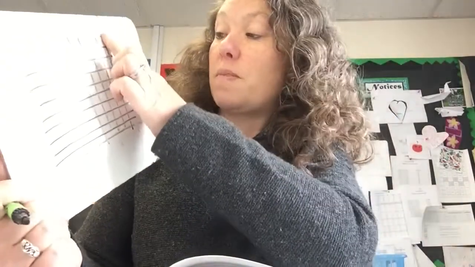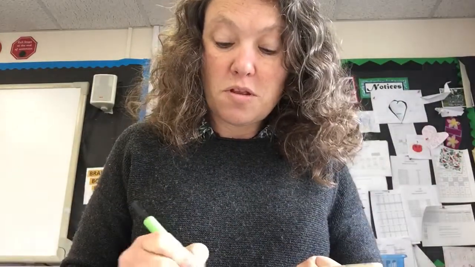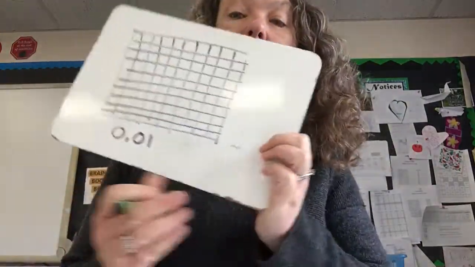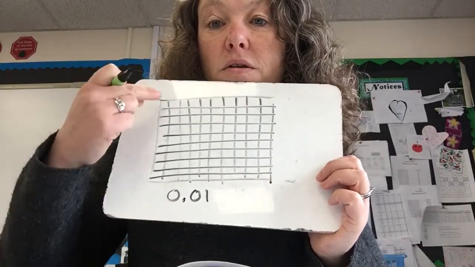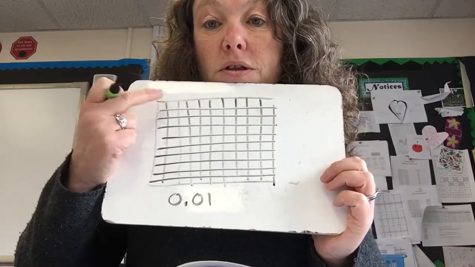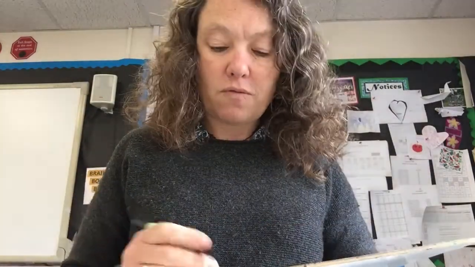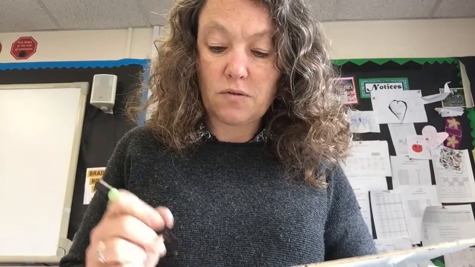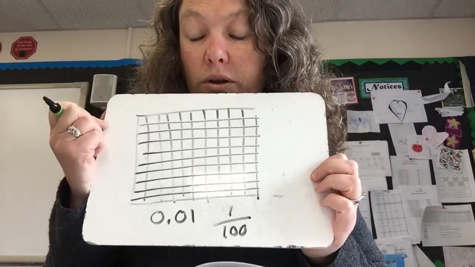So that's been divided into 100 pieces. So every one of those, instead of being 0.1, is going to be 0.01 now, because what we've done is we've gone 10 times smaller. So one whole strip, because that's a tenth of it, is 0.1, and one tiny square is 0.01. If we were going to write that as a vulgar fraction, we'd write that as 1 over 100. That's one tiny square, 0.01 or 1 over 100.